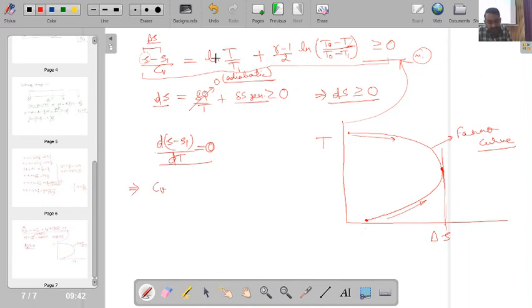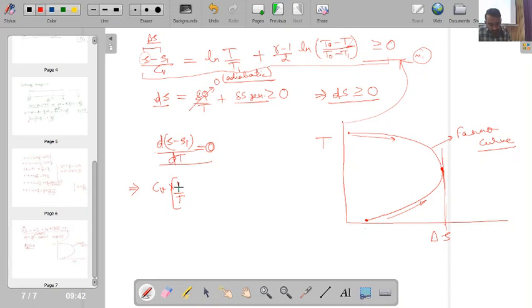I will get Cv times 1 by T, Cv times 1 by T, from ln of T by T1. What will I get? ln of T minus ln of T1. So the derivative of ln T will be nothing but 1 by T, and the derivative of ln T1 will be 0, because T1 is a fixed parameter.